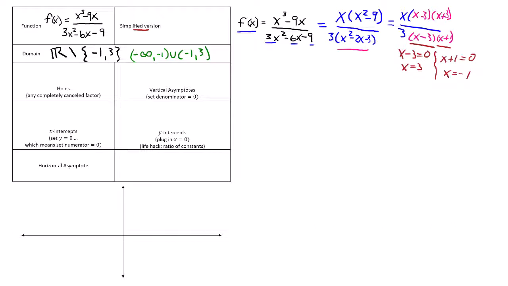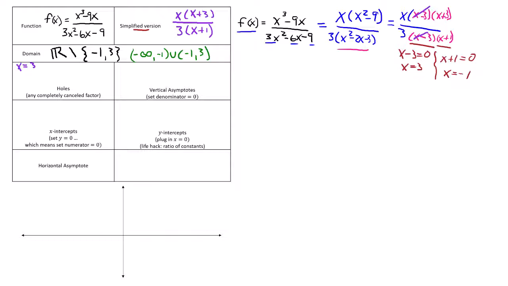All right, so then we can do some cancellation. This x minus 3 and that x minus 3 cancel, which means we're going to get a hole at that canceled root. So we're going to get a hole when x is equal to 3. Our simplified version is x times x plus 3, and we have a 3 in the bottom and an x plus 1.